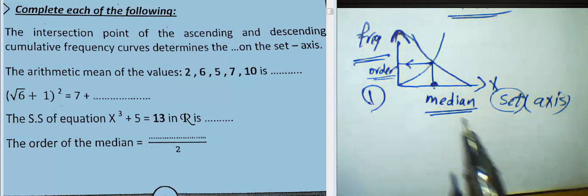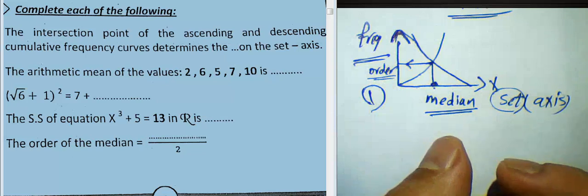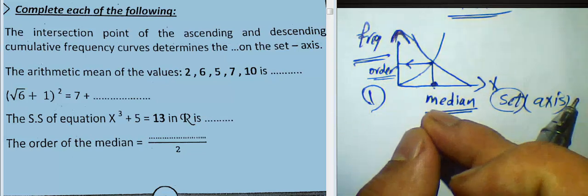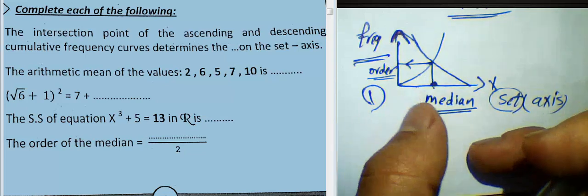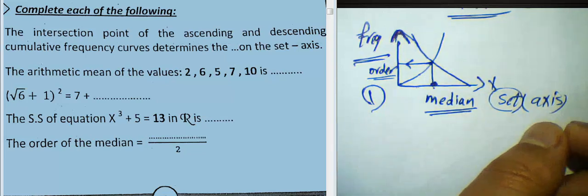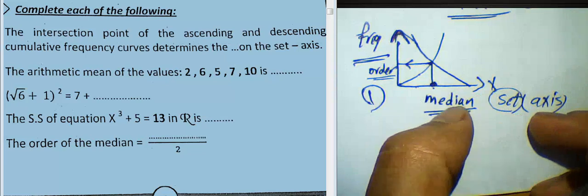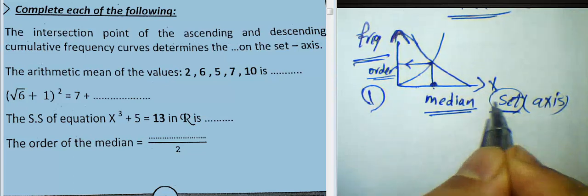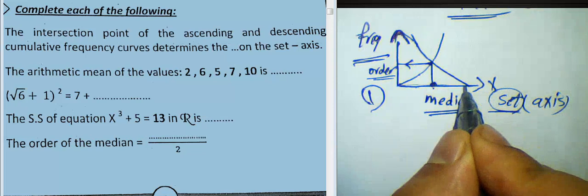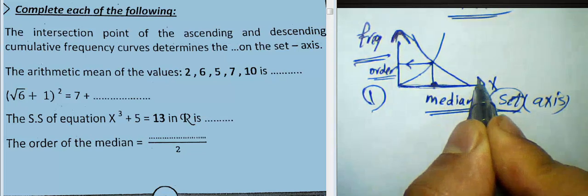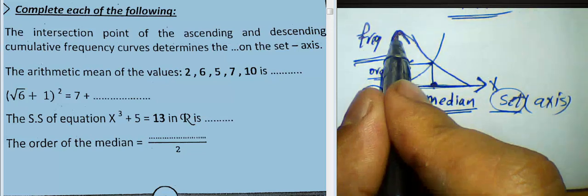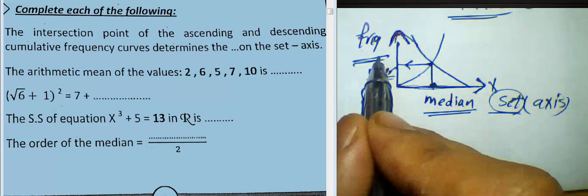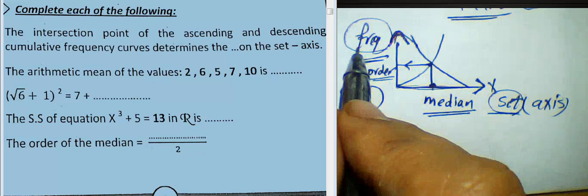So we must pay attention to this question. This question asked about the point where the two curves intersect, at what on the x-axis? The median on the x-axis. We call this horizontal line the x-axis, but the vertical one we call the frequency axis.